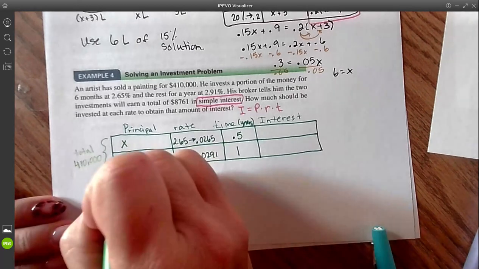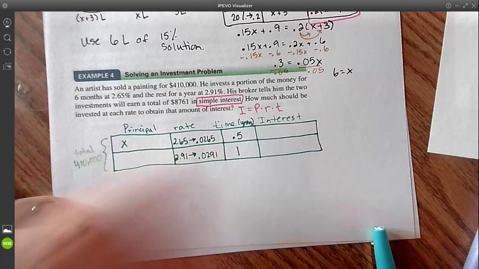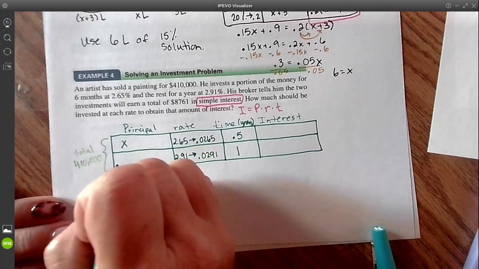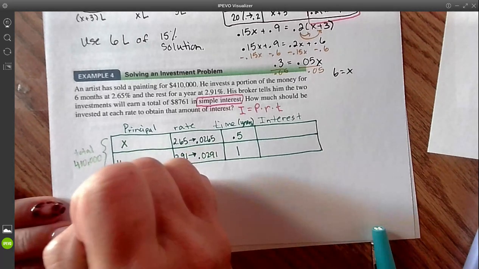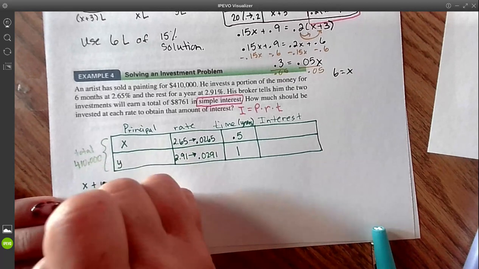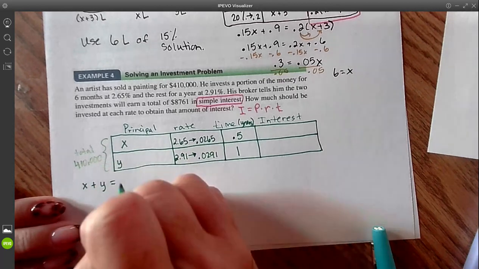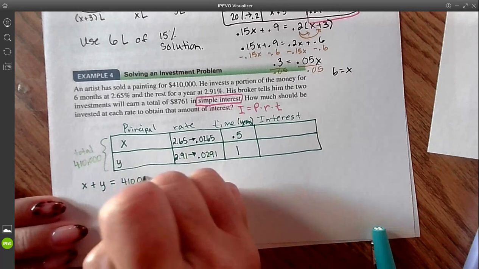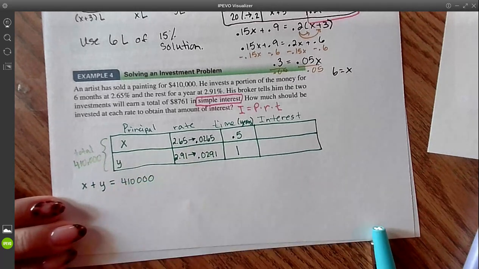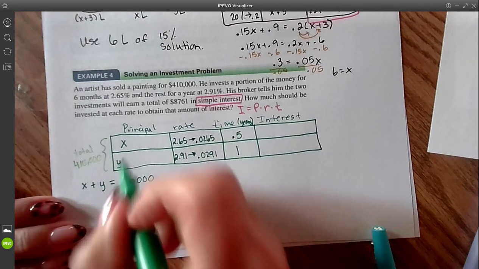Then I know that this other box, let's say I put it at Y. I'm going to have to change that though because I don't want to have two variables. I know that X plus Y is $410,000 because that's how much total. But I don't want to have two variables.